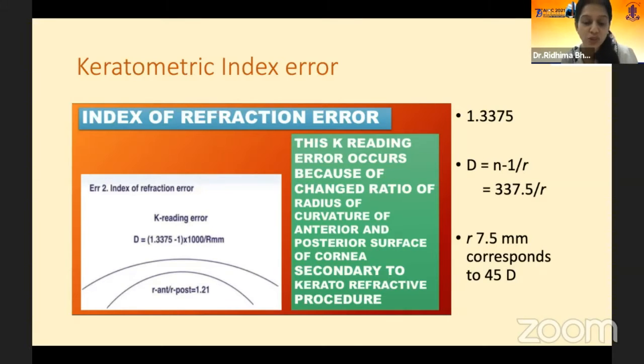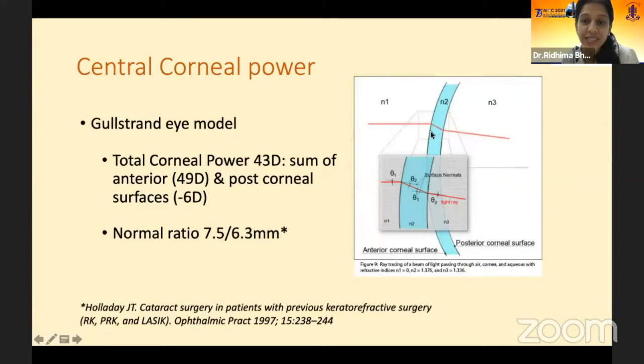And this is a source of error because usually, the corneal power is a summation of the anterior as well as the posterior corneal curvatures. However, a single keratometric index of refraction is assuming the cornea to be a single refractive lens. It's assuming that it's a single refracting entity by assuming a fixed ratio between the anterior and posterior corneal curvature.